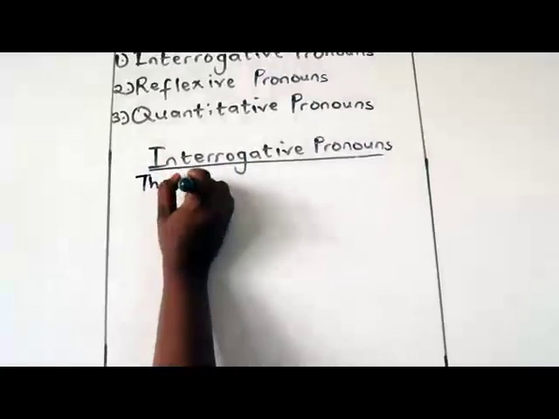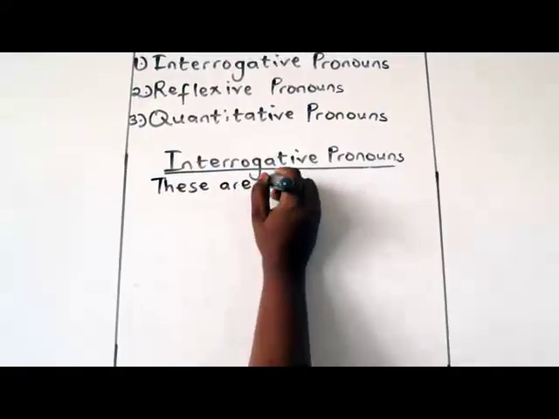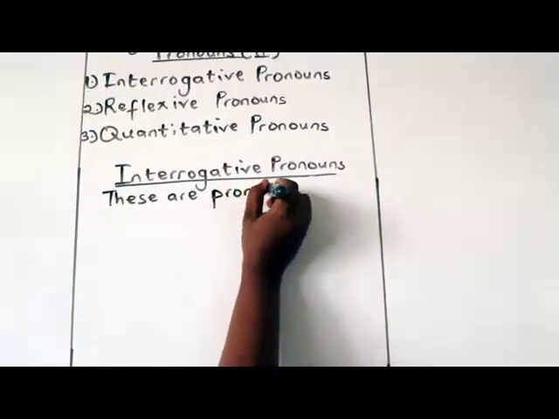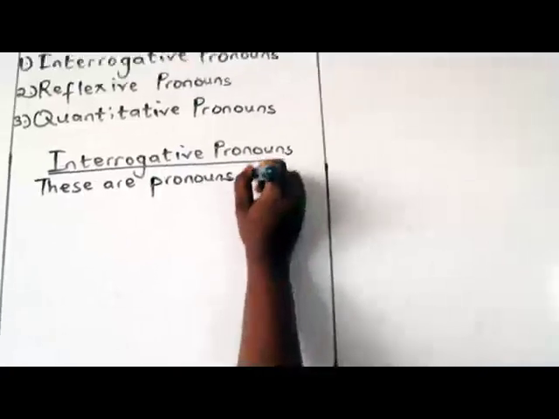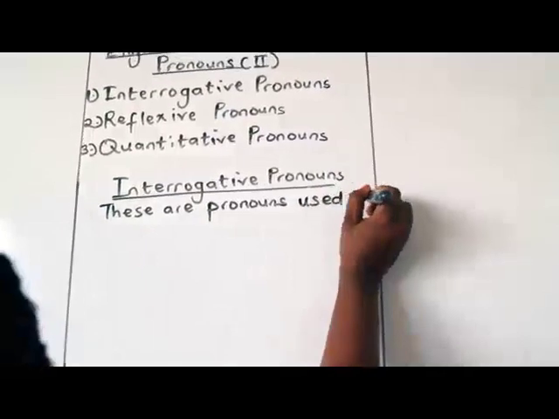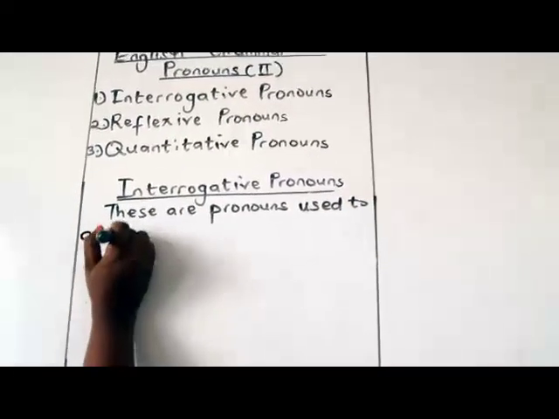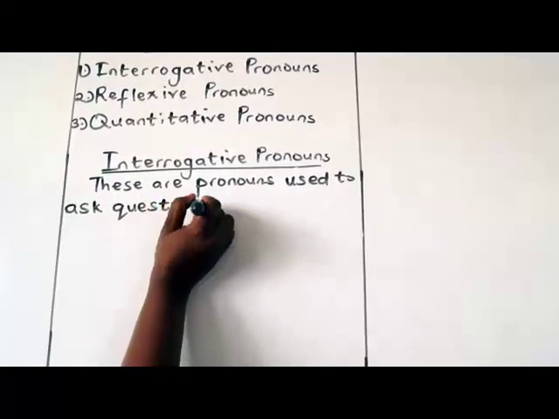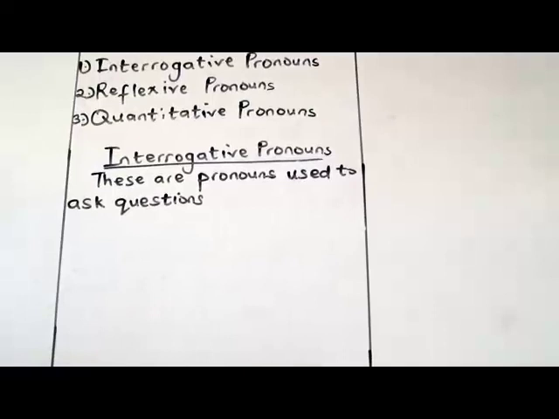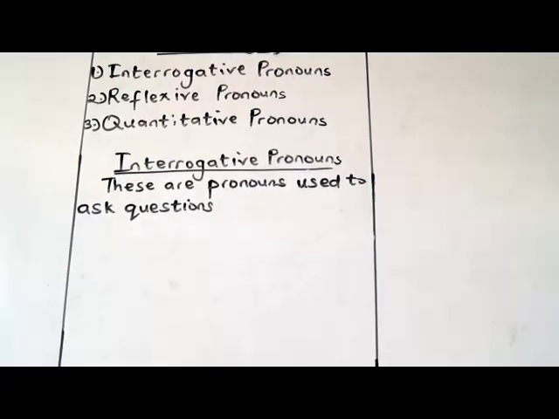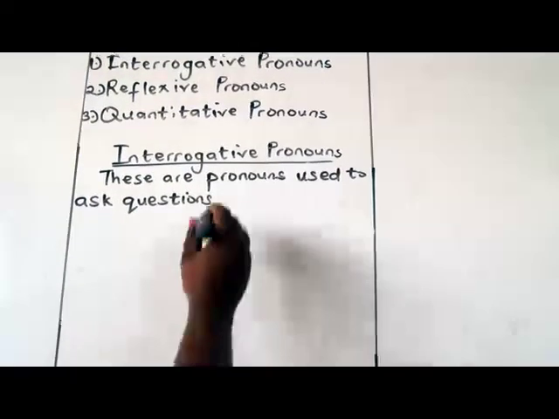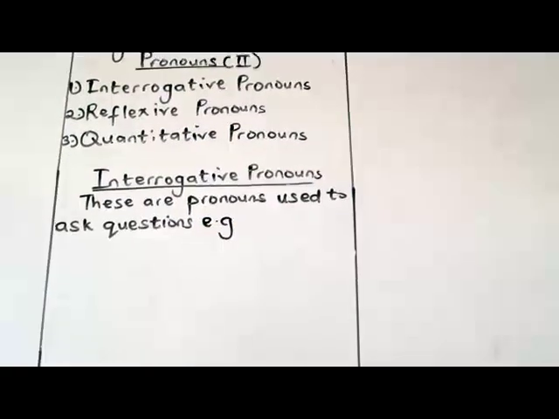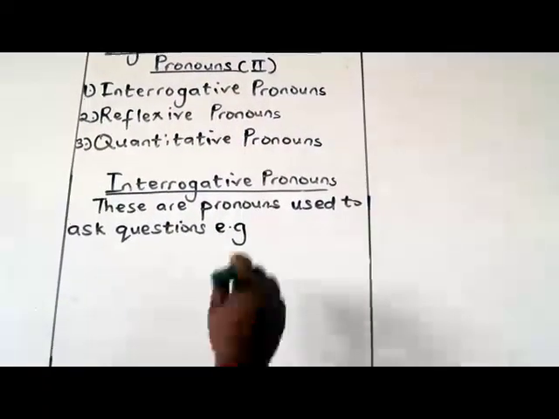These are pronouns used to ask questions. Interrogative pronouns are the pronouns used to ask questions. Examples of interrogative pronouns: I have the word who.